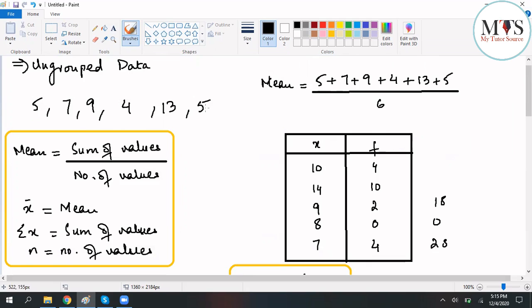But if several numbers are being repeated, then you have to make a table, so you know the frequency for each value. This is basically called a frequency table.